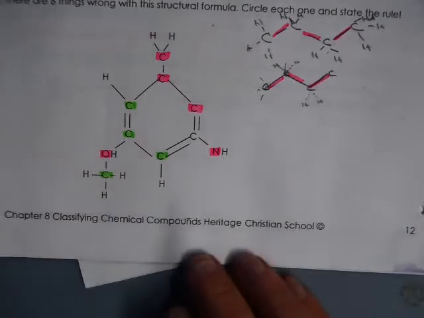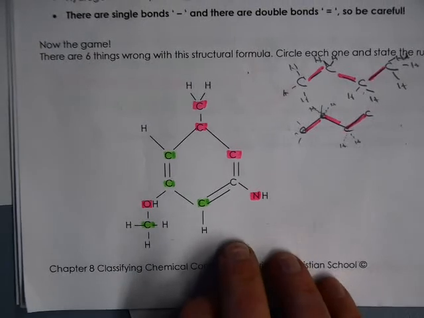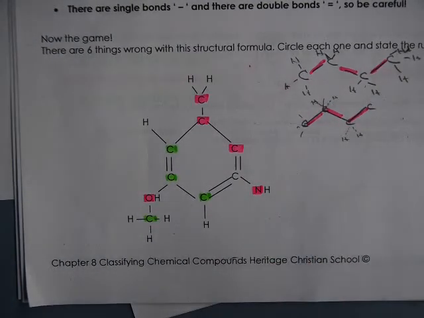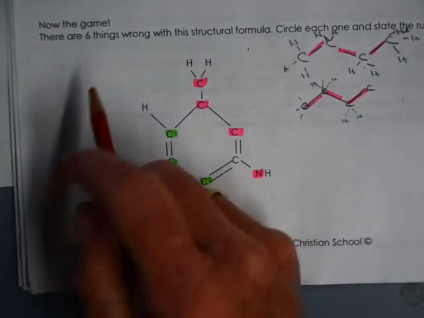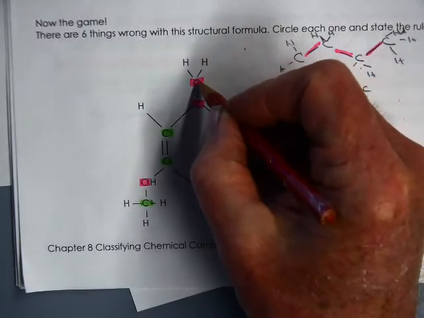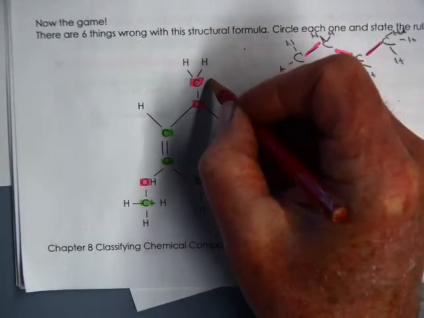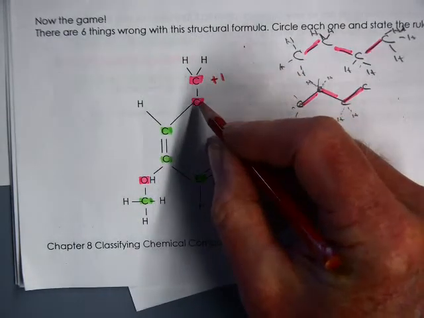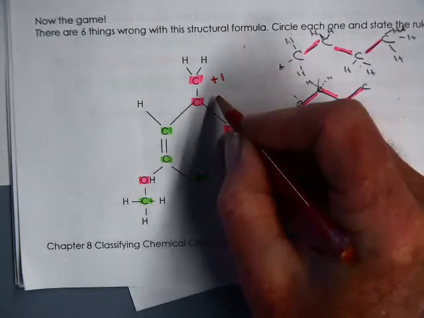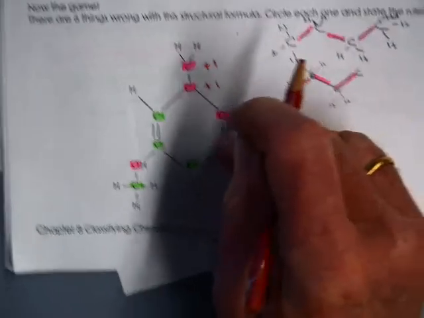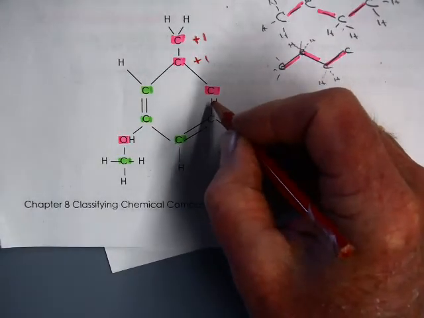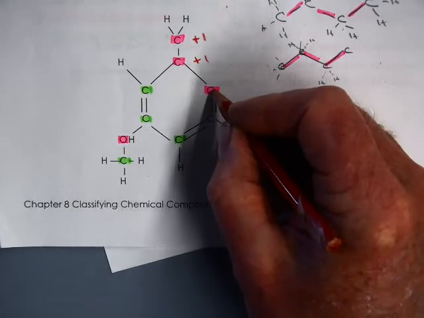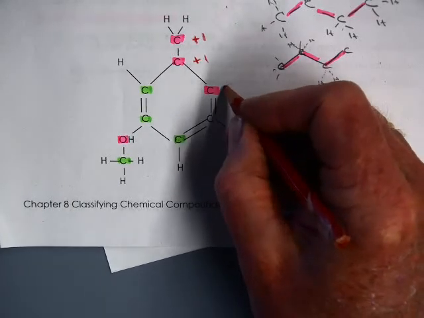Okay, so the green ones have the correct number of bonds. The red ones don't. If we start at 12 o'clock and go counterclockwise, this is only 3 bonds, so it needs one more. This one also has only 3 bonds, so it needs one more. This one has a double bond and a single bond here, so it needs one more.